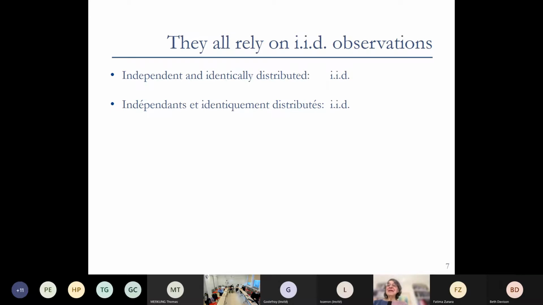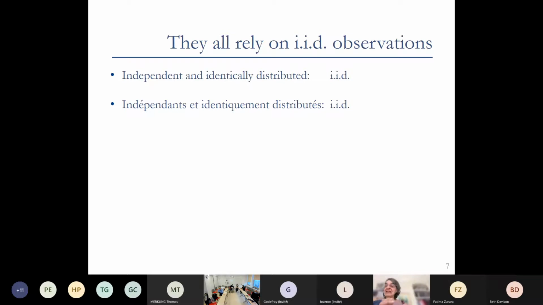But fortunately, both the English and the French have the same acronym, i.i.d. So they all rely on i.i.d. And very often, and this is actually the topic of this talk, people use these methods without asking, are my observations i.i.d.? So what I'm going to do in this talk is define what independent is, define what identically distributed is, and then I'm going to say we're not going to be dealing with identically distributed today.